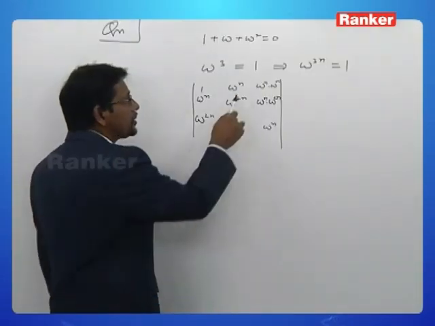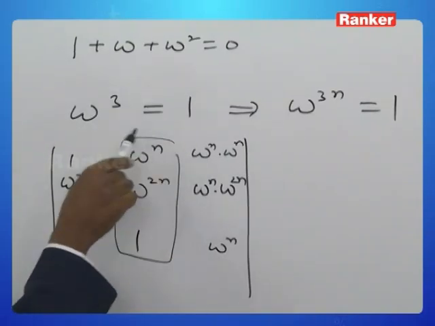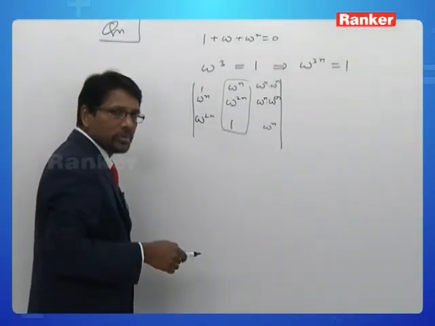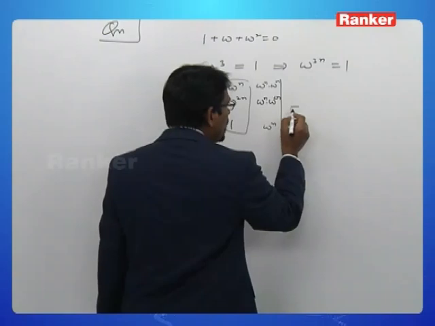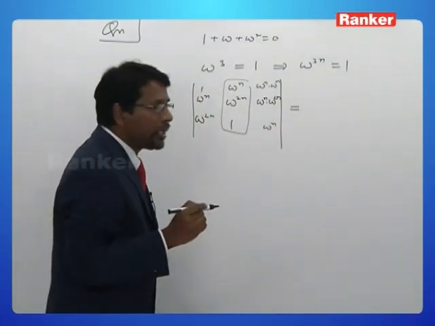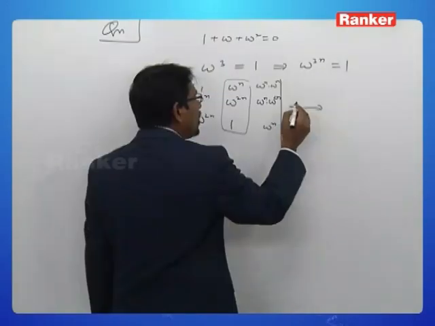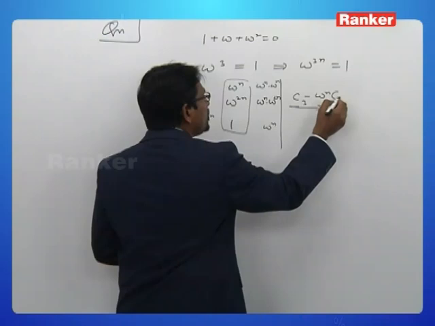Observe that if you multiply the second column with omega power n, you are getting the third column. So there is a column dependency. So that means this determinant can easily be made 0. You can go for column 3 minus omega power n into column 2.